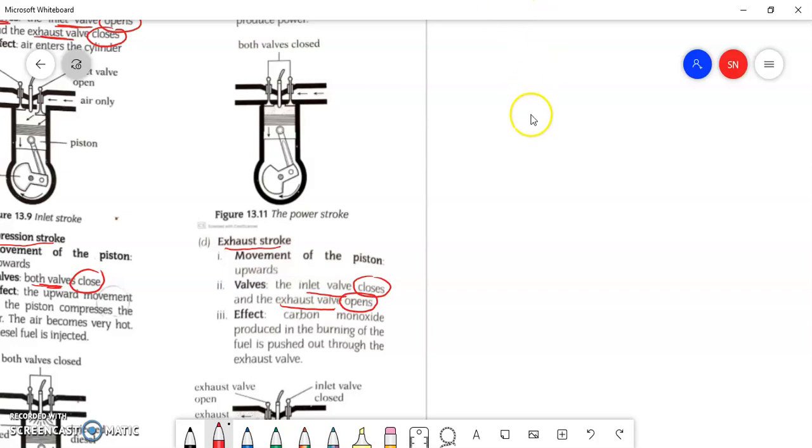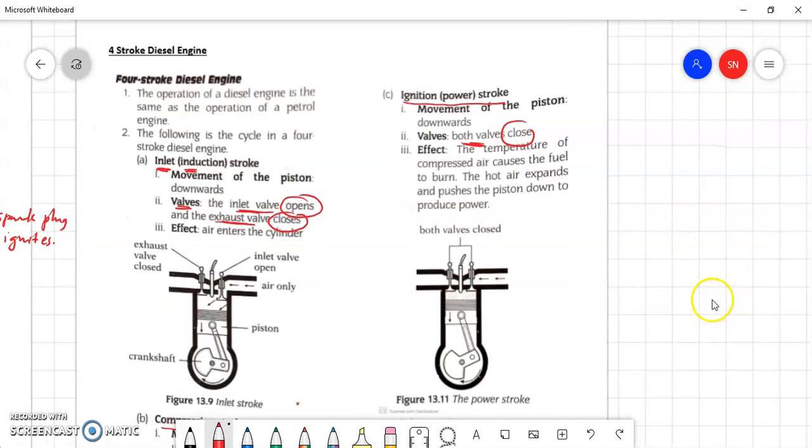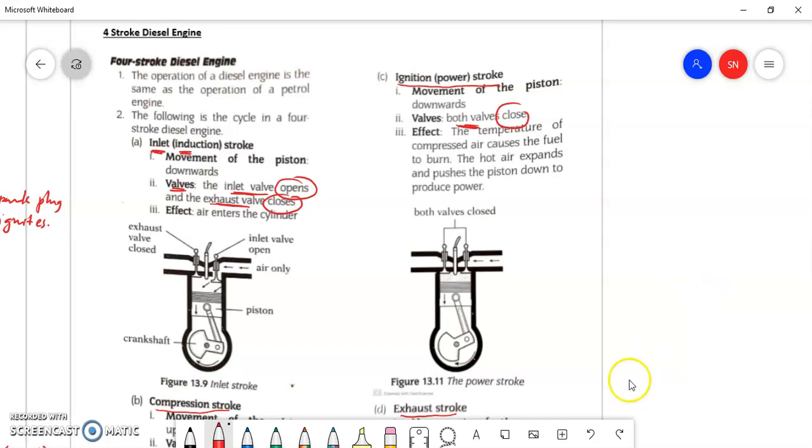Now how it functions will vary slightly. There are some differences. First, a diesel engine of course uses diesel instead of petrol. For the inlet or induction stroke, air enters the cylinder. Just now for the petrol engine, the mixture of petrol and air enters, but for the diesel engine there is no diesel, no petrol, nothing, only air enters the cylinder.